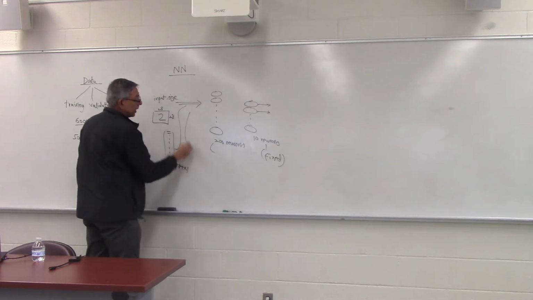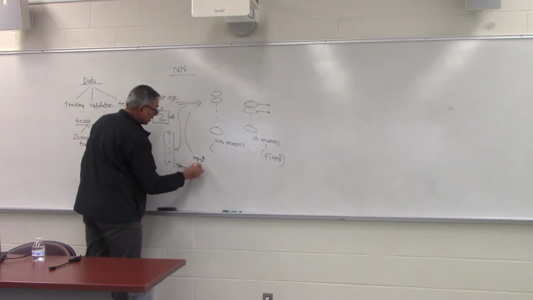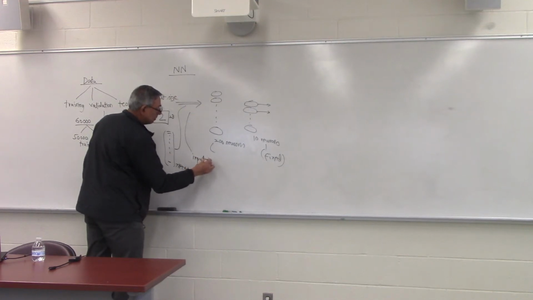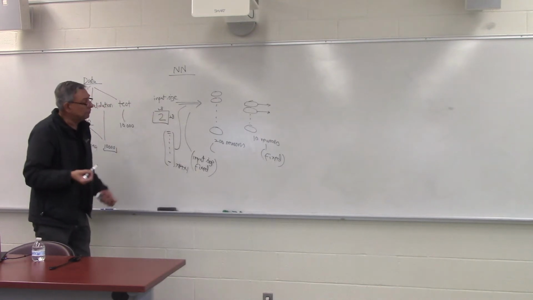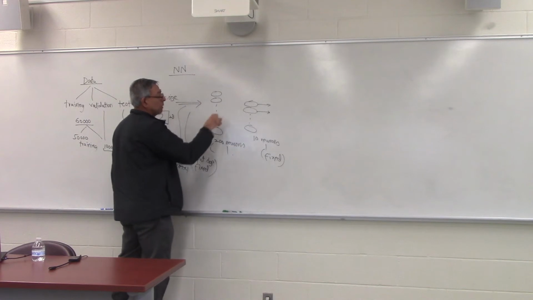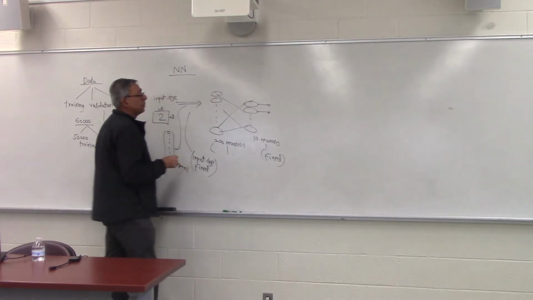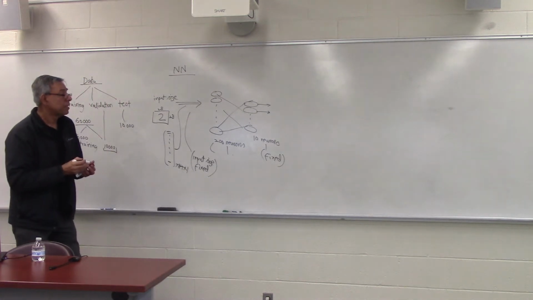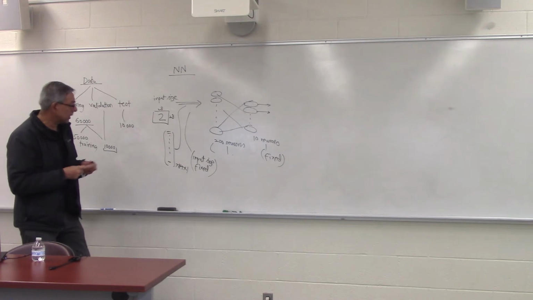The input is fixed from a size point of view, like 784 in this case, but this is flexible. This is what we can play with and see what will be the optimal number that will give us the best accuracy.